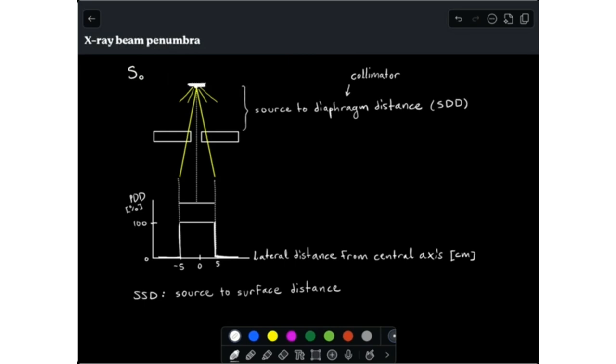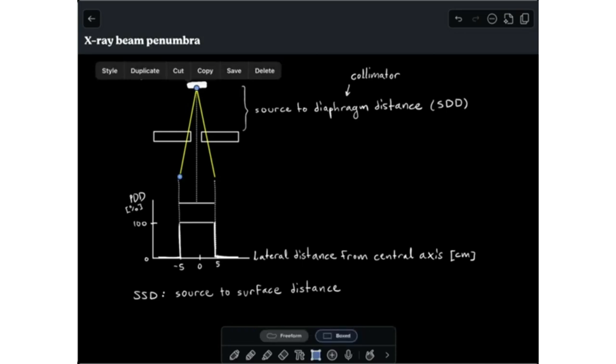So now, with a point source, this doesn't really change much, but we don't really have point sources. We have beams with finite lateral extent. And that means that the little elementary sources spread out across that lateral size are going to have different distances to the points on the surface of our patient. And the contribution of each elementary source to the dose at each of those points will diminish.